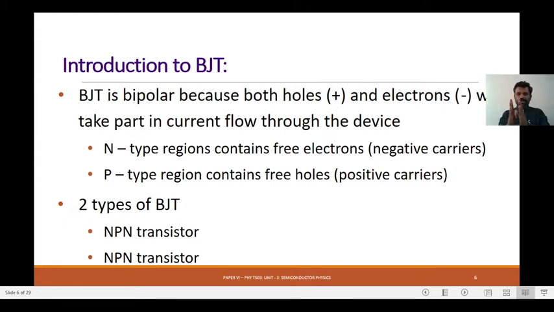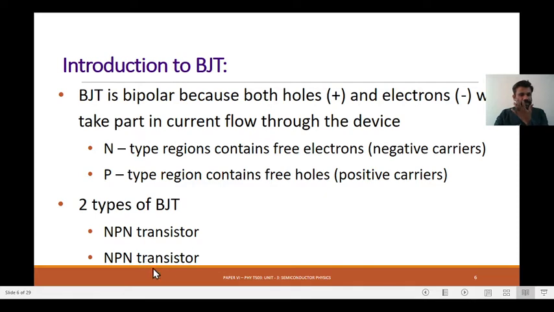So there is an NP junction and a PN junction. In an NPN transistor, two junctions are formed. These junctions are also called depletion layers. So there is an NP and also a PN junction.